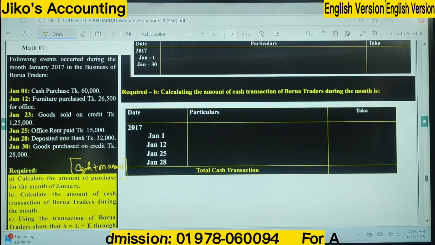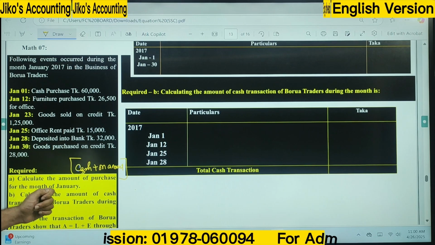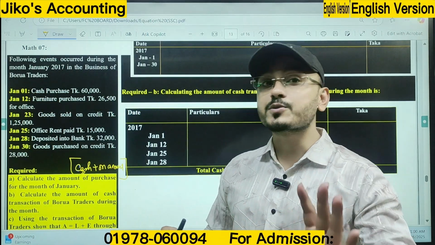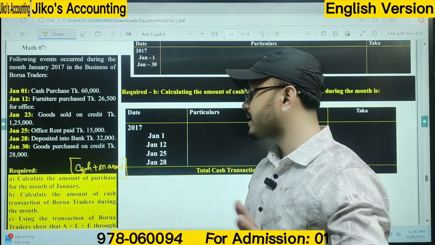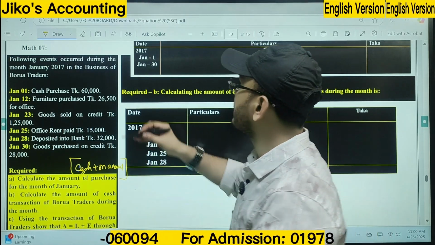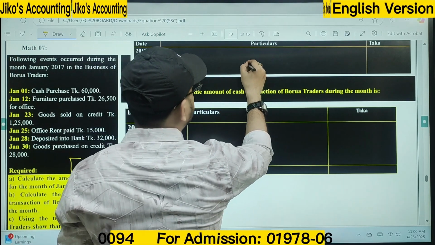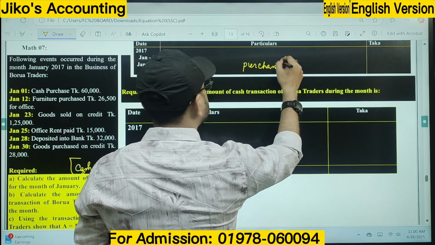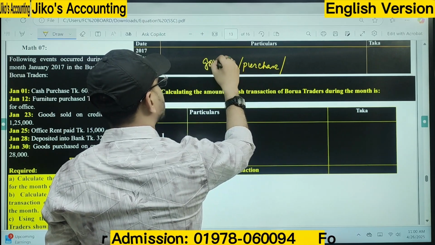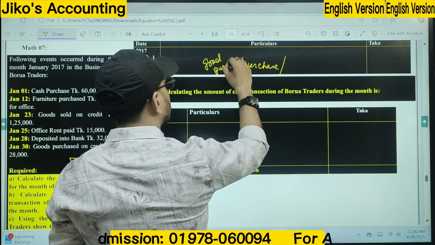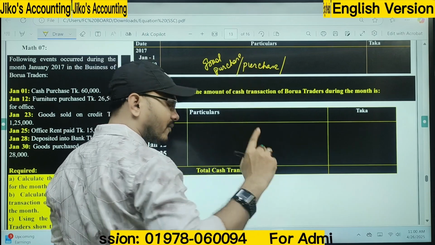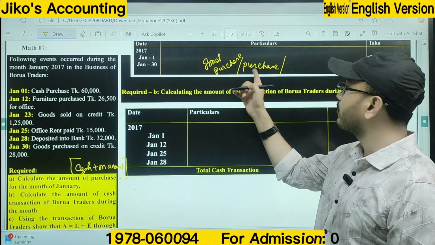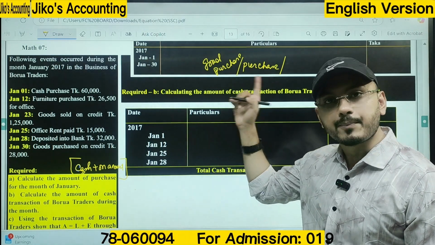Now, move to our first requirement. What have we been told? Calculate the amount of purchase for the month of January. Only purchase. Here, purchase means goods purchase. Try to get this one. Whenever you are told only purchase in accounting, the term purchase mostly indicates goods purchase, not any fixed asset purchase. This is the first mistake you can make if you have confusion regarding these two key points.